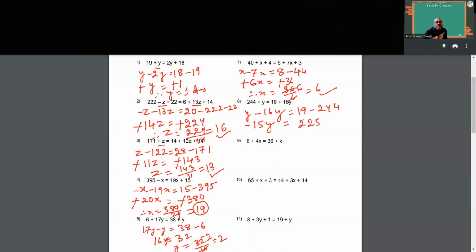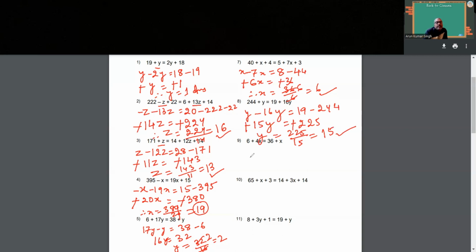Minus 225. So now y will be equal to, minus minus cancelled, 225 divided by 15. So here I can say 15 ones are 15, and 15 5s are 75. So 15 is my answer.